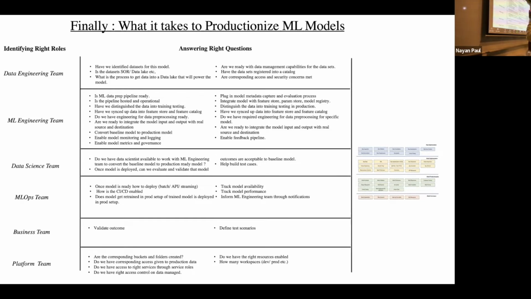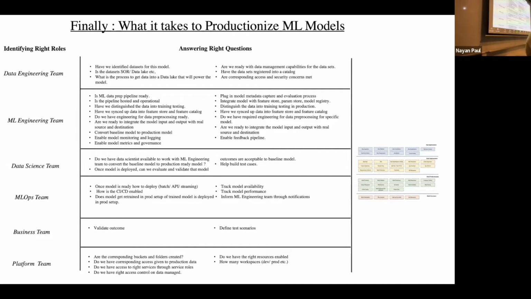Then you talk about the ML engineering team. The ML engineering team is all about the people who will be hardening your code, ideally, and then eventually they are the people who will be putting the model in production and performing run support on the model, right? So you ask them questions around, I gave you the code. Have you converted that into the right Python libraries or artifacts?